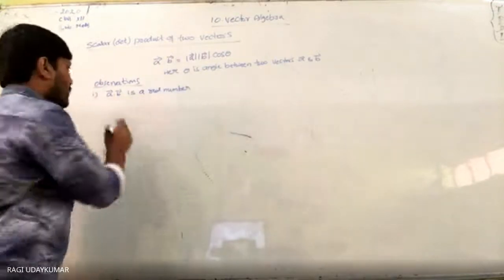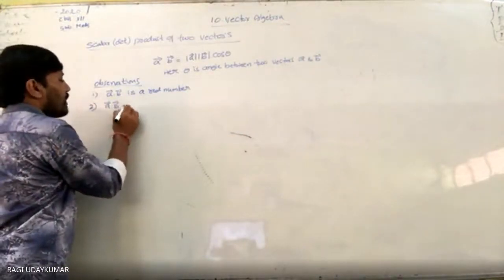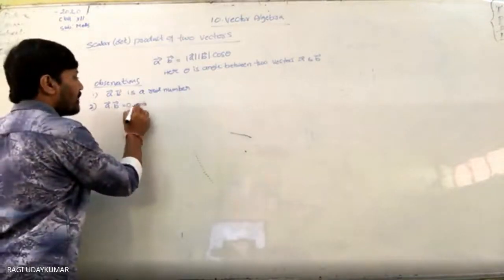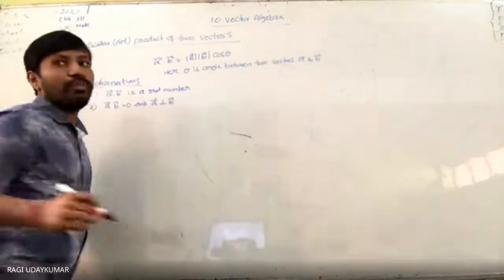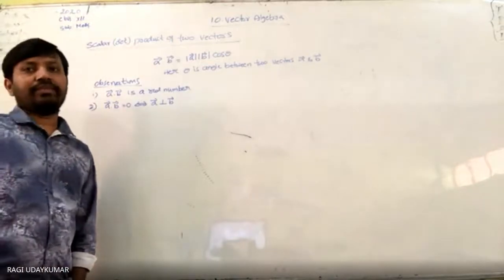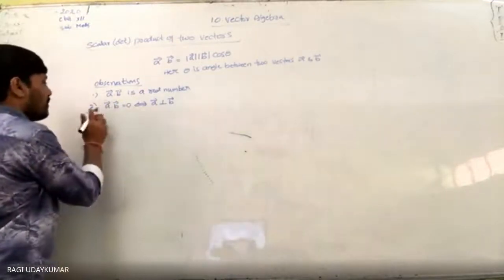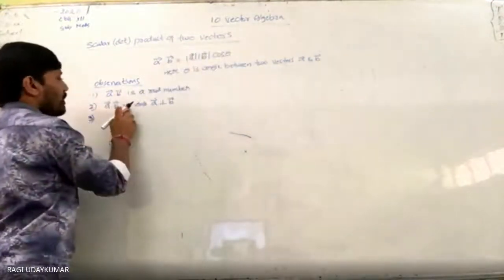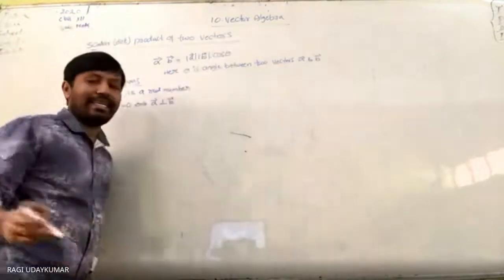The second one is, if the dot product of the two vectors is 0, then the two vectors are said to be mutually perpendicular vectors. One is perpendicular to the other. Perpendicular means the angle between the two vectors is 90 degrees.